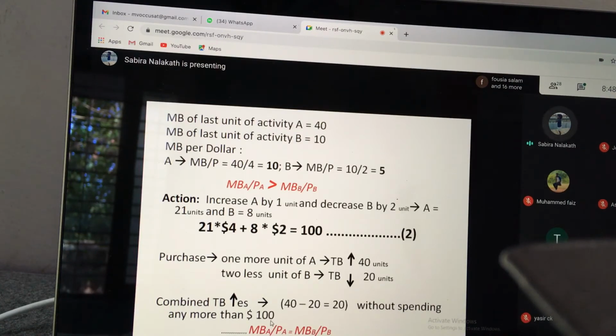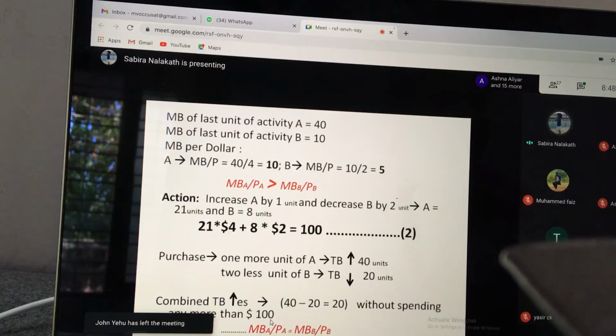The marginal utility will always be diminishing; that's the exact term, diminishing marginal utility. In the same way, the marginal benefit will diminish whenever we add more and more units of activity. You're getting my point?